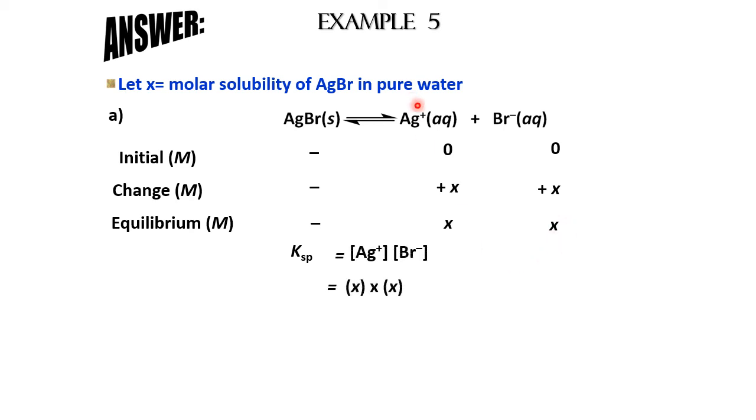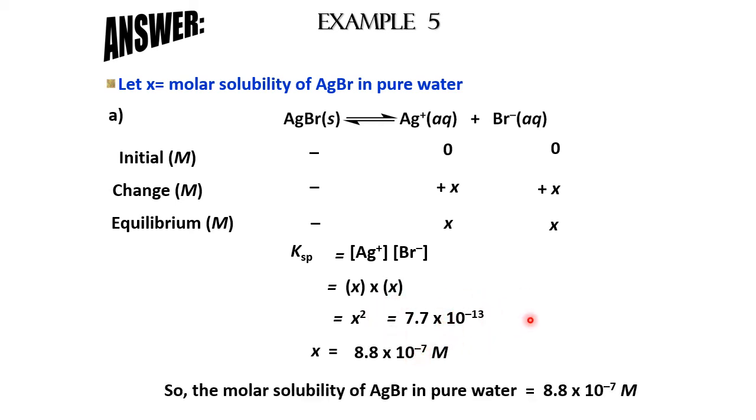So Ksp is the concentration of silver ion times the concentration of bromide ion. So x times x equals x squared equals this value. And then we get x. The molar solubility of silver bromide in pure water is 8.8 times 10 to the power of -7 molar.